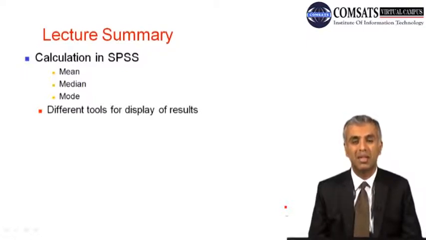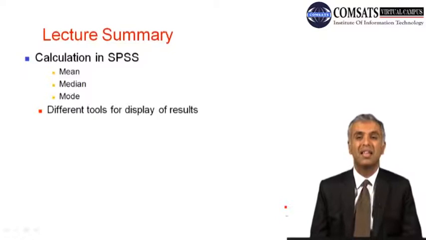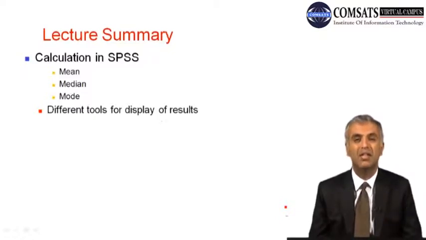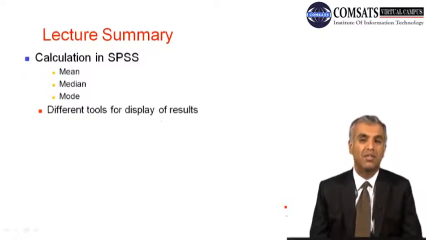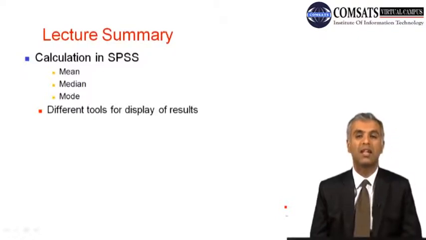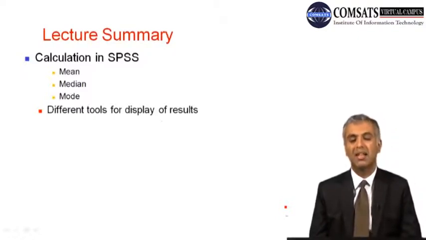So the first most important thing is that descriptive analysis is the most important part. This is the very first step of the rest of the analysis, and if this step is wrongly taken, then all the rest of the analysis, which is a bit more complicated, can go wrong. So that's why it's important that the SPSS calculation criteria and the different tools are assessed in detail, because every tool gives a different kind of information, and as we have seen, we can calculate the mean in many different ways.